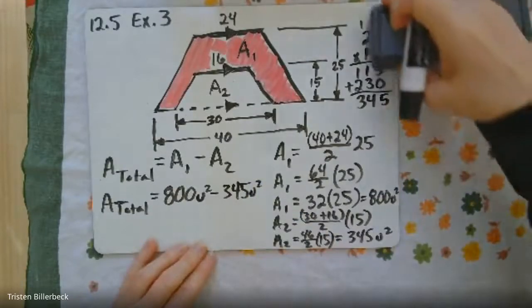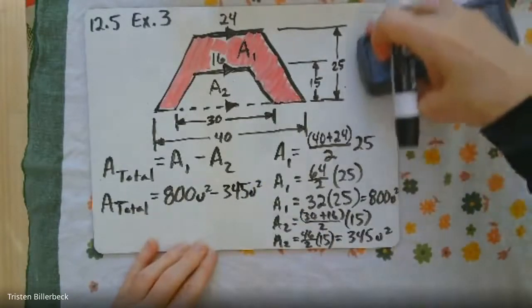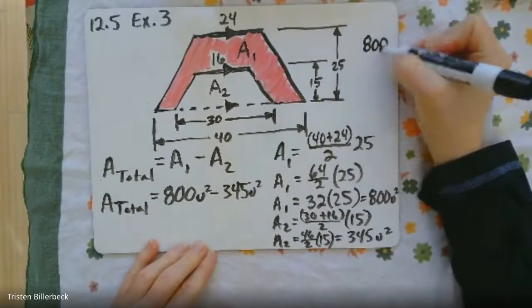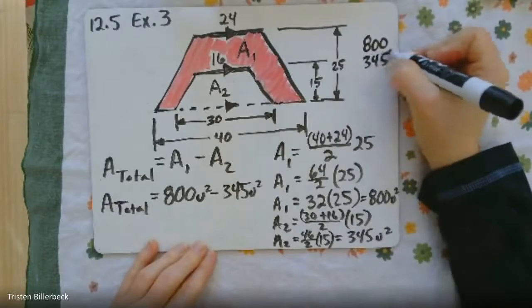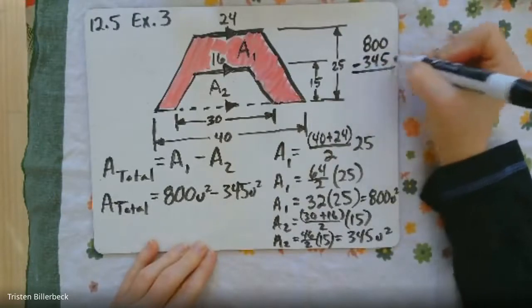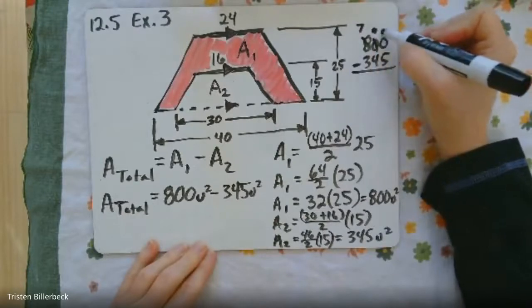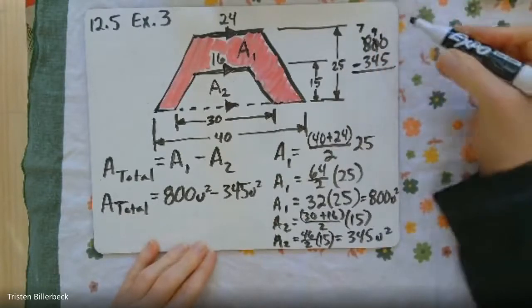And let's use our little math area to do this math. So we have 800 and 345, and we're subtracting. So we're going to carry 1 over here. This is going to be a 9, and that's a 1.